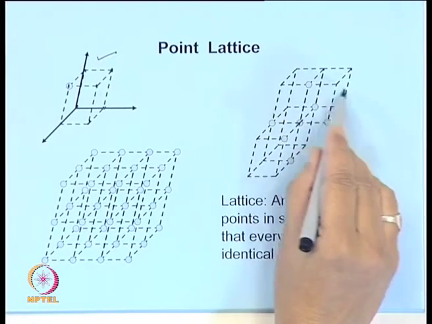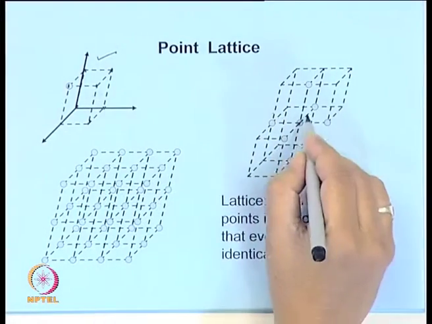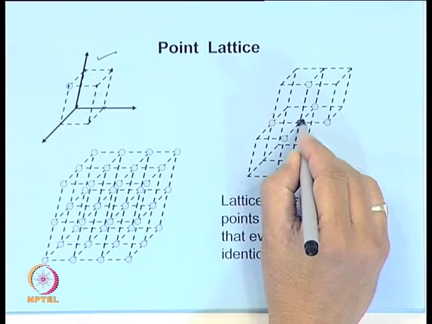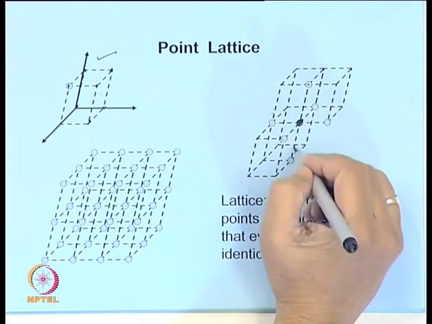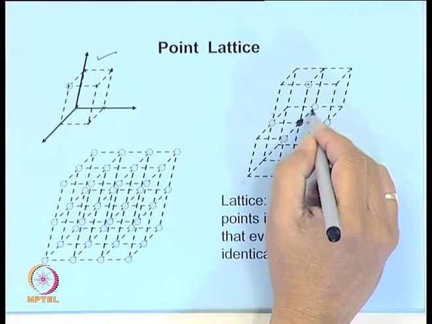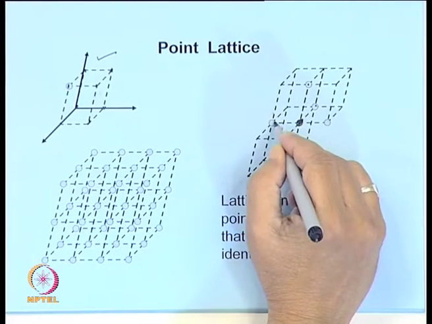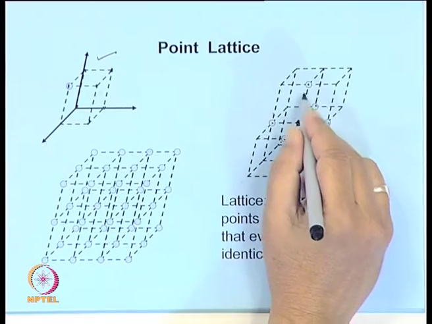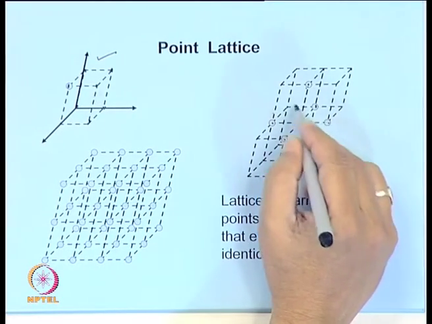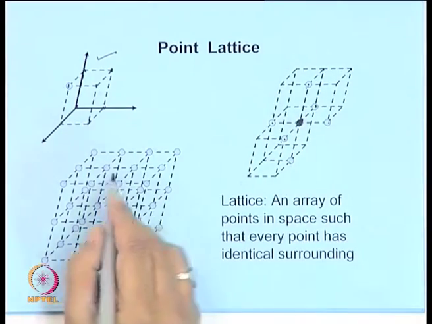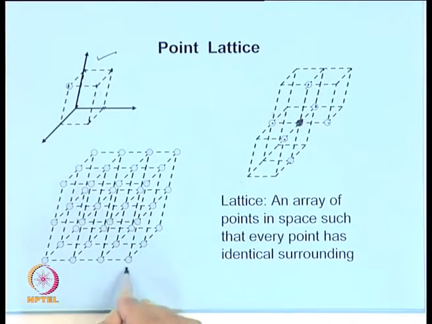So, something like this. That means one point has a surrounding, it has atoms, say one here, one here, one here, one here, one here, one here. So, this has a surrounding of 6 points.